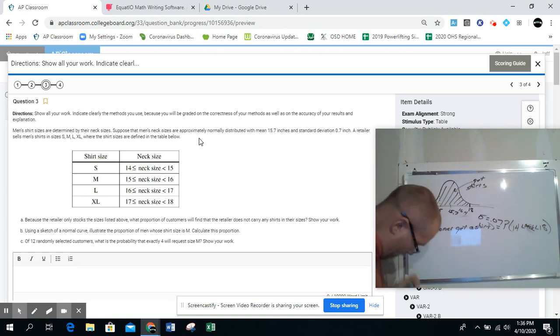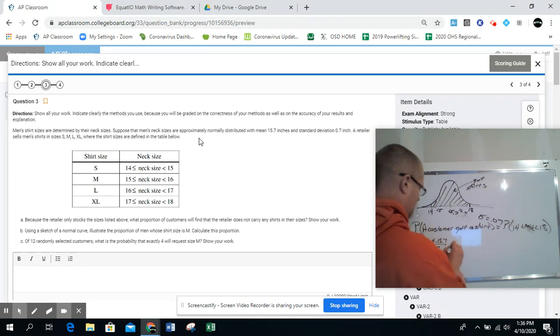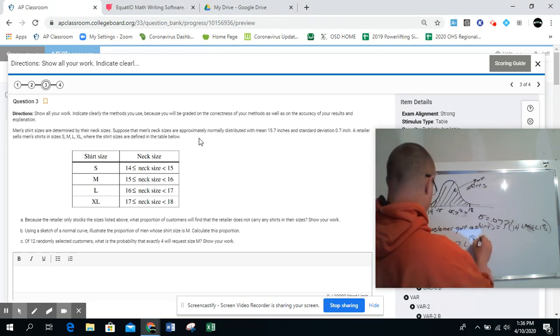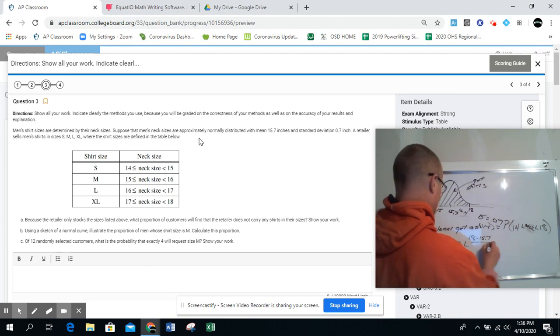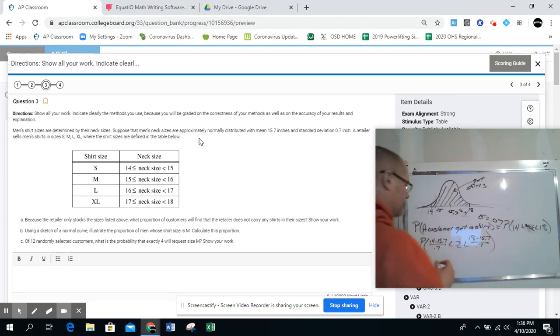It's normally distributed, so I have to turn that into a z-score. So that's the probability that 14 minus 15.7 divided by 0.7 is less than z is less than 18 minus 15.7 divided by 0.7. And now if you want, you can go to the calculator and get that value.